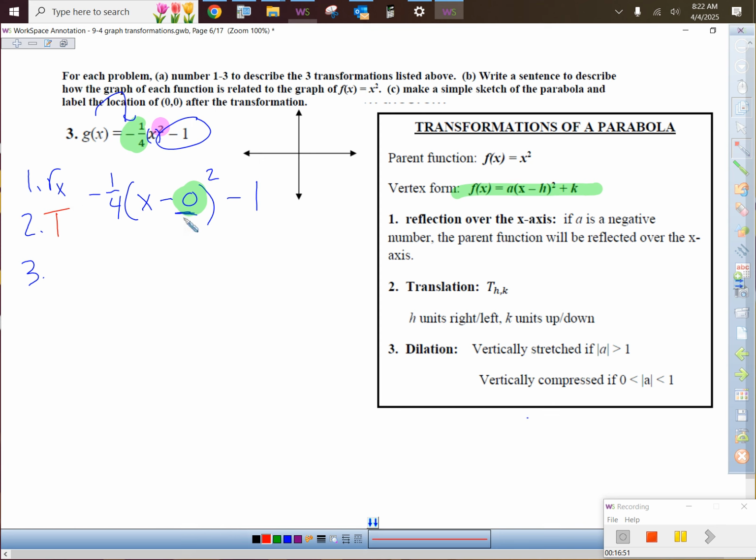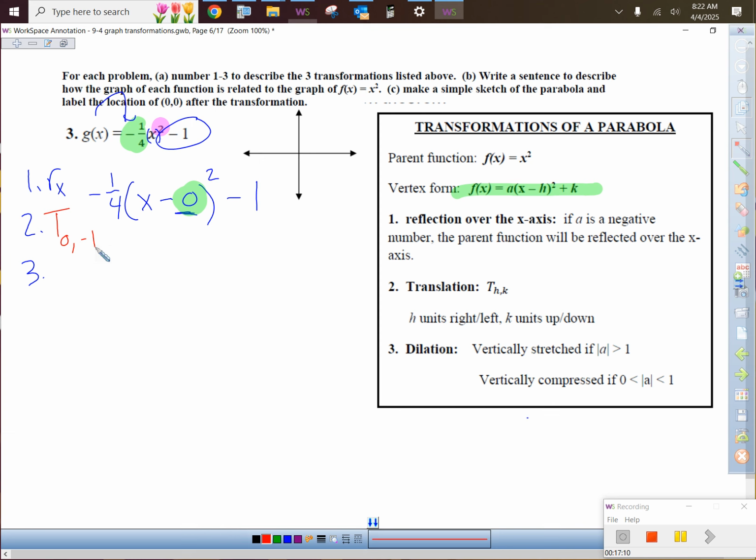What number do you want to put there? 0. It has not moved left or right. And how about up or down? It went 1 unit which way? Down. And don't we put that as a negative 1? Cool? How do you feel about those two real quick? That was tricky because they had a 0 in there as a disguise.